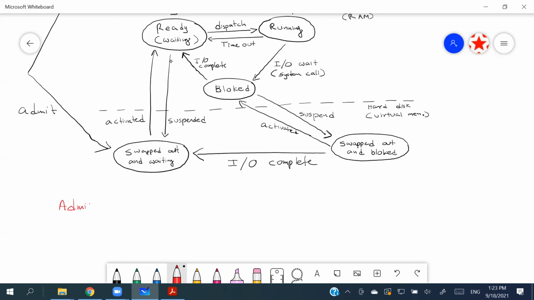So admission is done by the long-term scheduler. Now you can remember that.